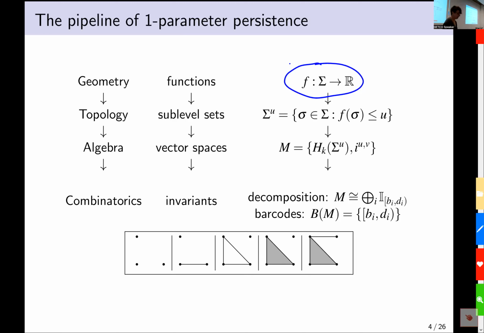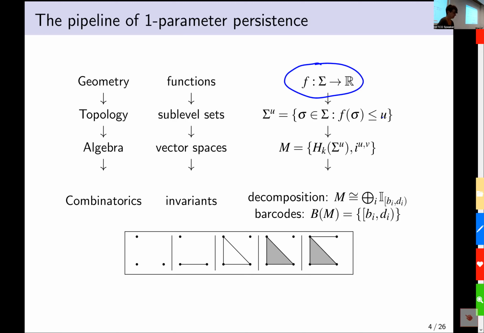Using the function, as Jonathan has shown us today, we can study the sublevel sets of this function. For example, if this is a function from the simplicial complex sigma to R, we can take a value u in R, and take those simplices for which the function takes a value not greater than u.